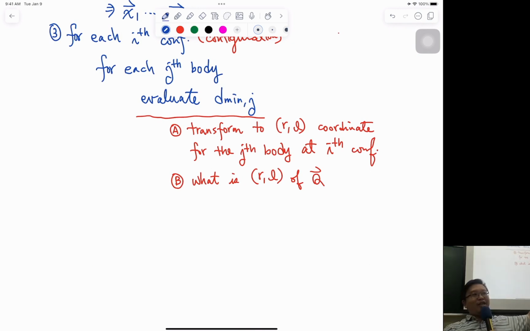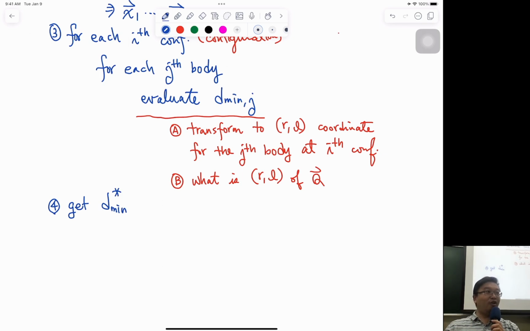And you basically do this repeatedly for every frame, every configuration, and for every body part. Then you will get the D minimum with the star.